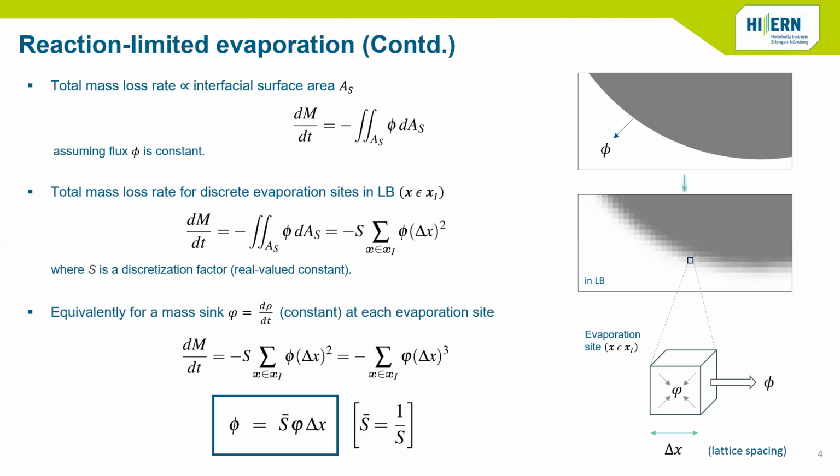And I can rewrite the above equation like this, and comparing the last two relations gives me this important relation. This essentially relates the evaporative flux you want to model with the mass sink rate, and this is the rate at which you would end up removing mass from the lattice sites in the interface region, right? But this is derived under the assumption that the evaporative flux is constant across the entire surface. So keep that in mind.